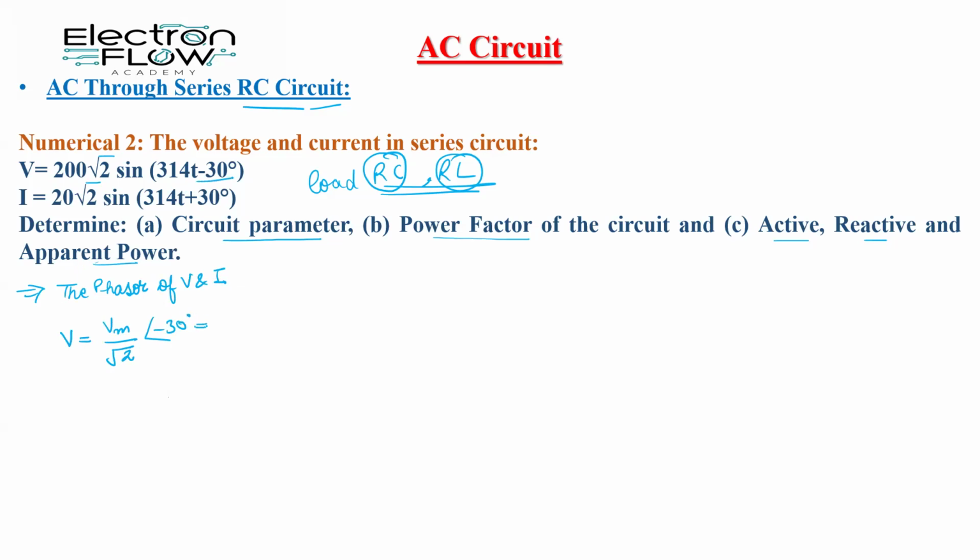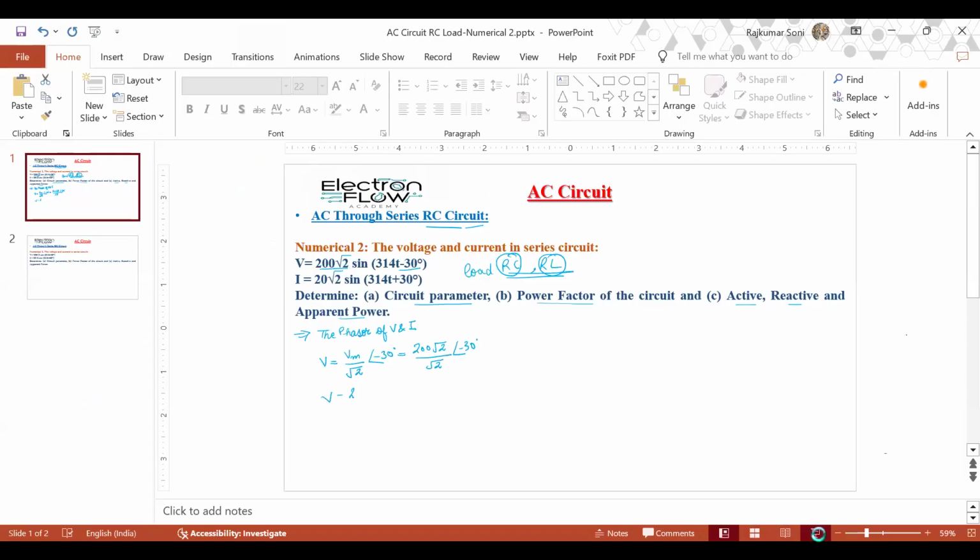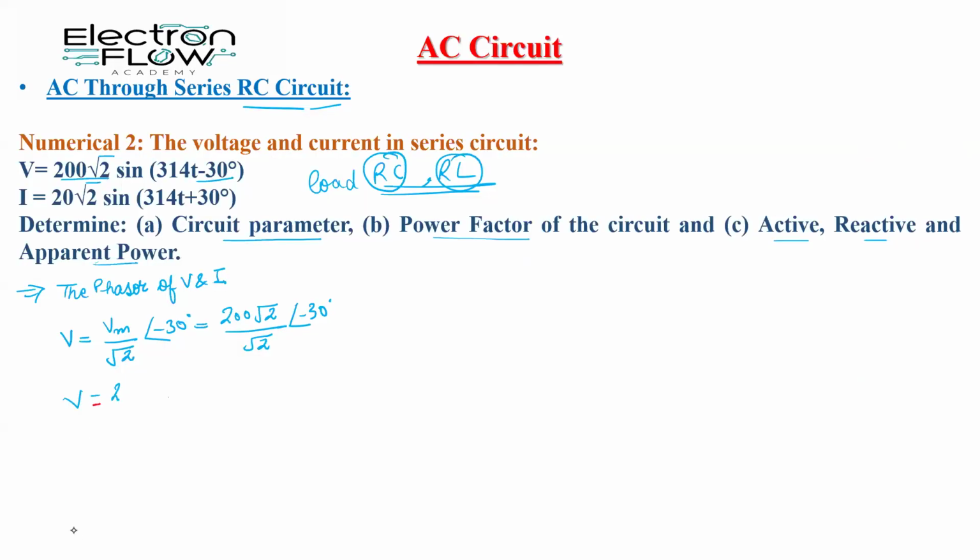The maximum value is 200 root 2, so 200 root 2 divided by root 2 at an angle of minus 30 degree. So voltage is equal to 200 at an angle of minus 30 degree.